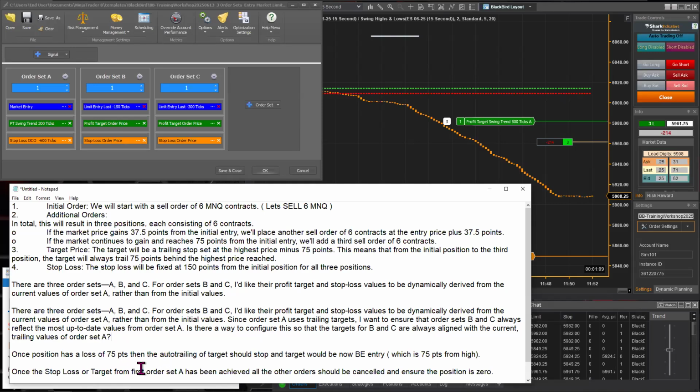Once the profit target has been hit, we do need to cancel the other scale-in entry orders.